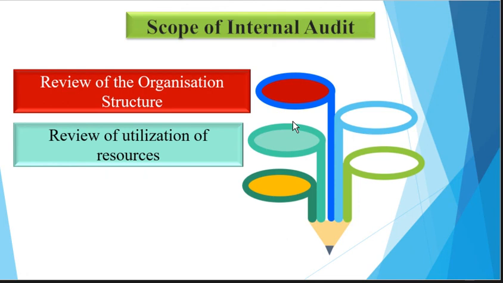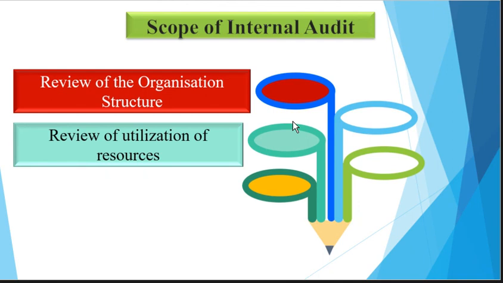The internal auditor should review the methods of establishment of the operating standards and norms. He should carefully examine the assumptions made while setting the standards to ensure that they are appropriate and necessary.